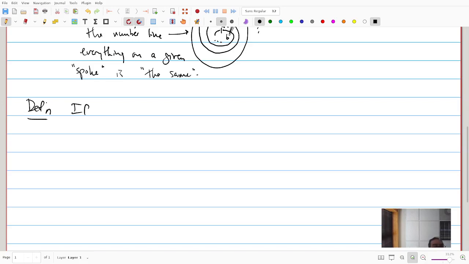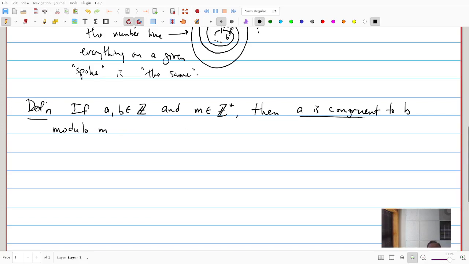If a and b are integers, and I have some m, which is a positive integer, then I say that a is congruent to b modulo m, which we write with a triple equals: a ≡ b (mod m).